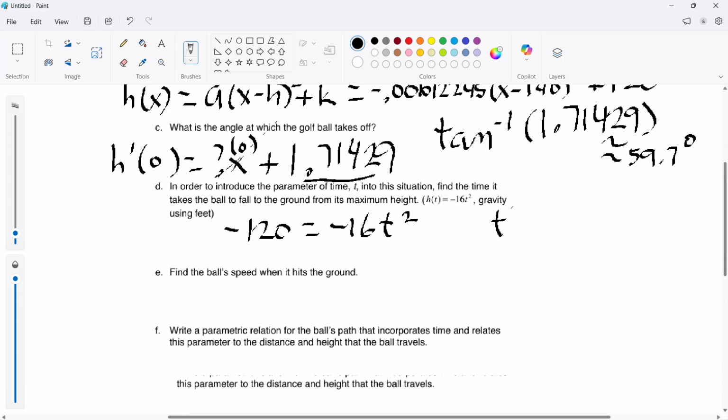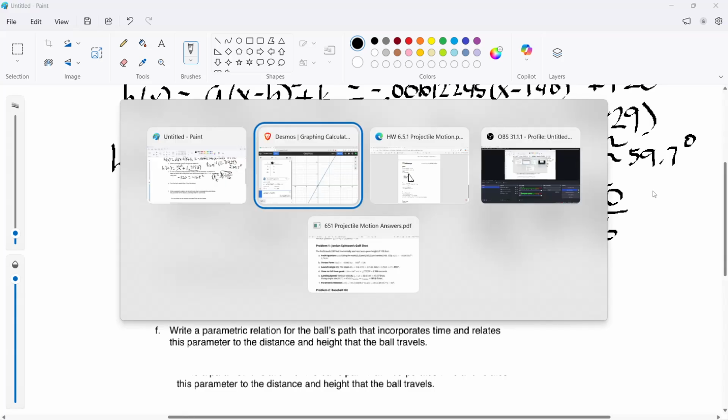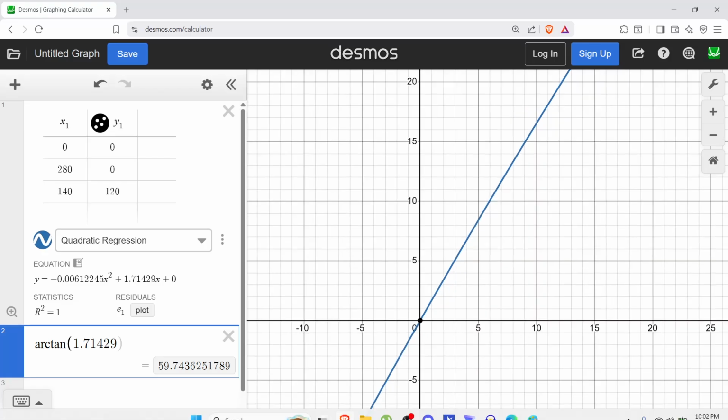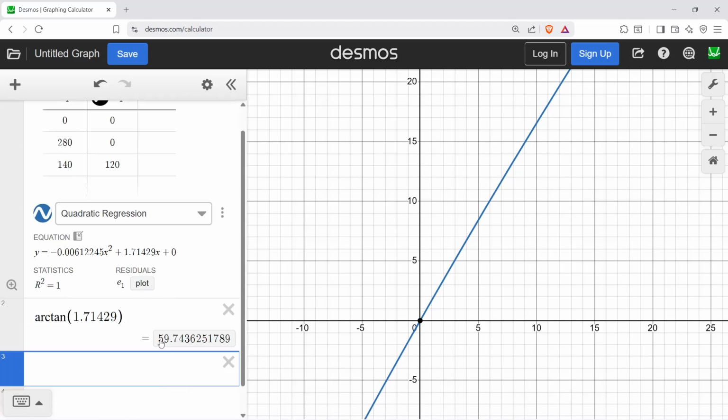So t squared equals negative 120 over negative 16, and if I take the square root of both sides, I get t equals the square root of negative 120 over negative 16. I can drop the negative signs because a negative over a negative is a positive.